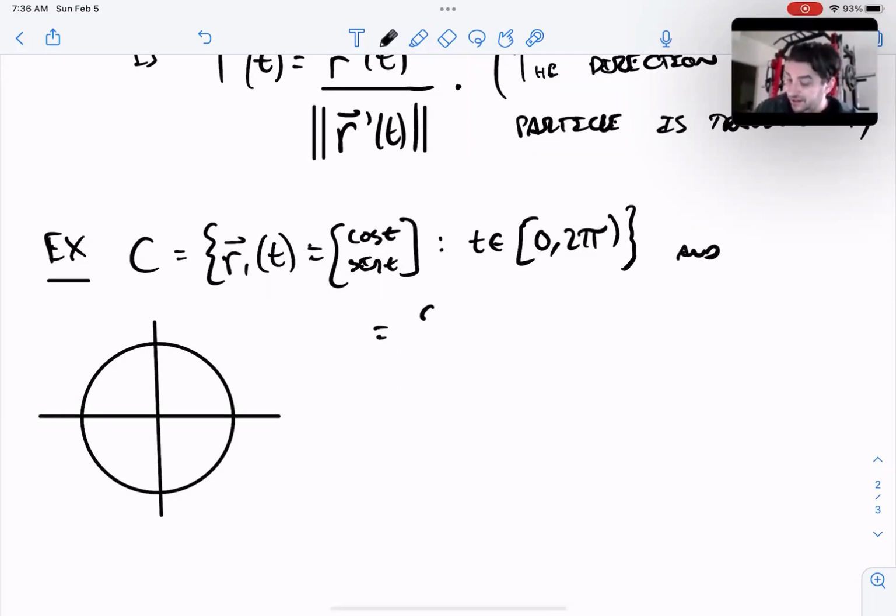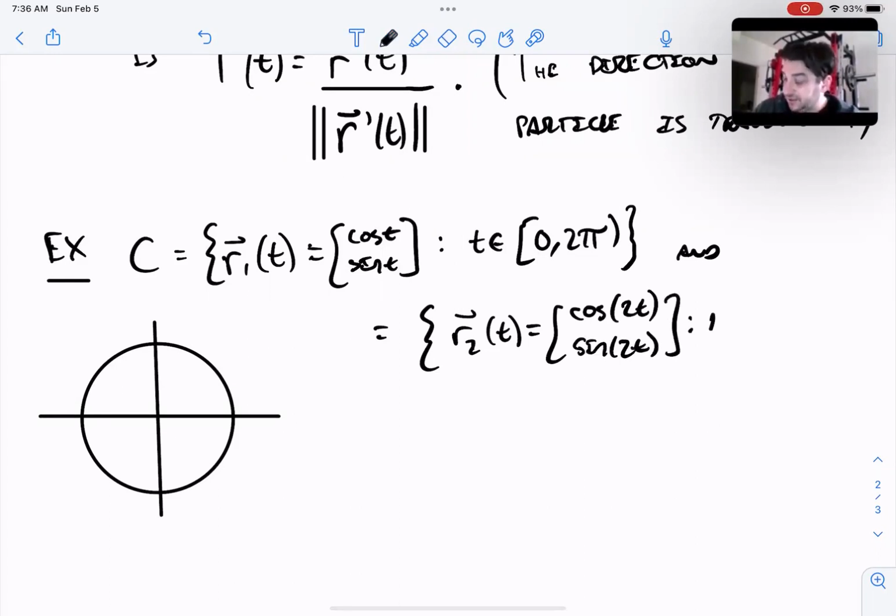And this, just like up above, is also the unit circle, right? These are both perfectly good descriptions of the unit circle.